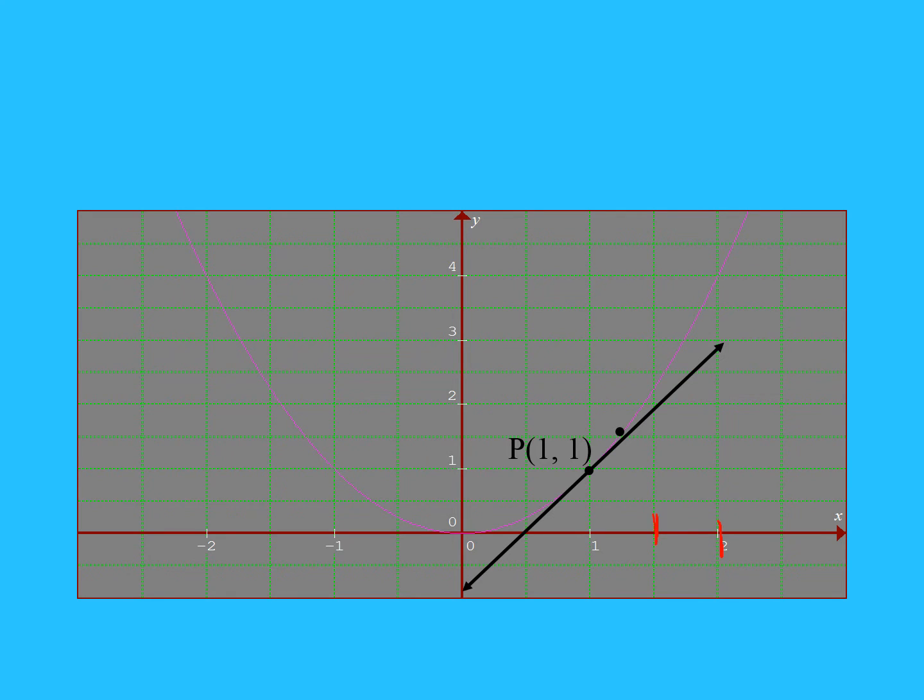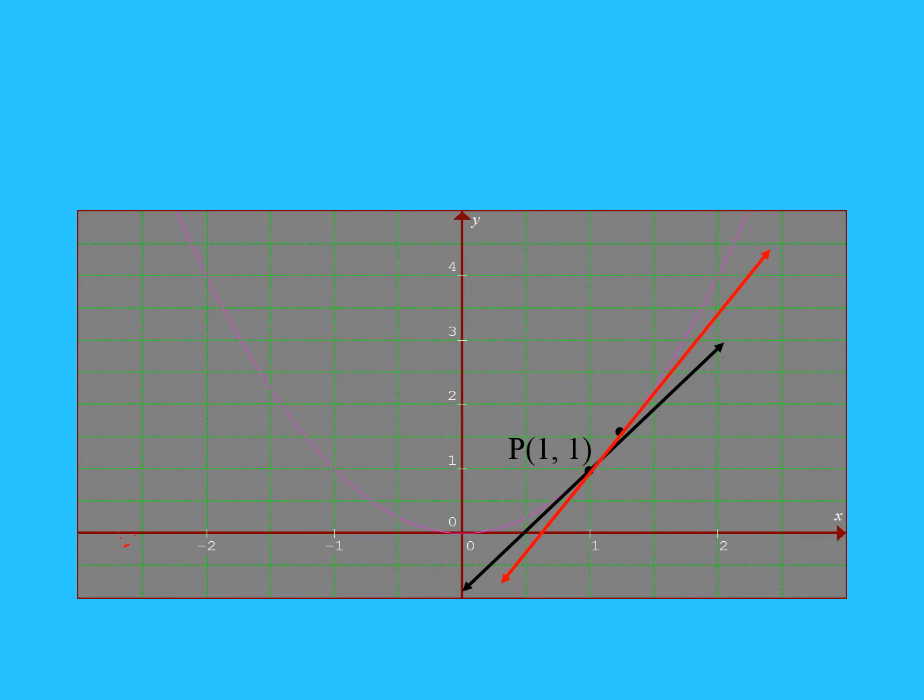Then we chose x equals 1.5, and we had these associated points here. So notice, as the value of x gets closer to 1 from the right, what's happening with the slope of the secant line? Well, the slope of that secant line is getting closer to the slope of that tangent line.